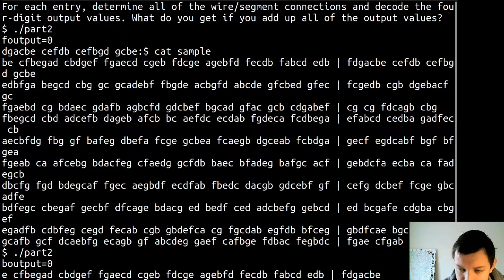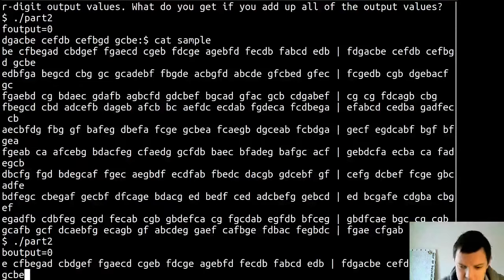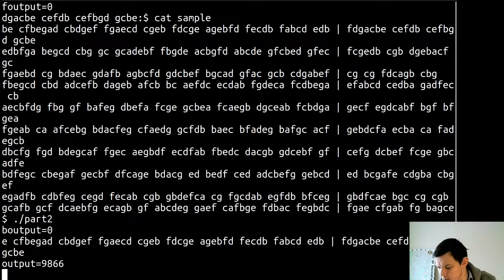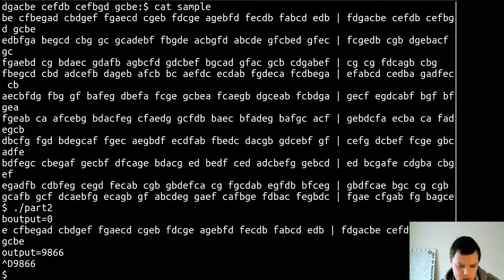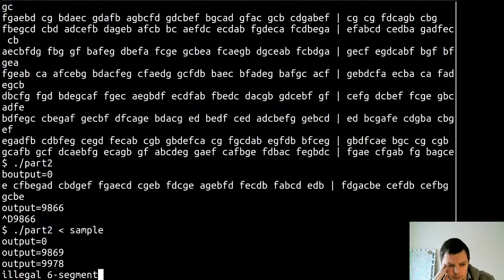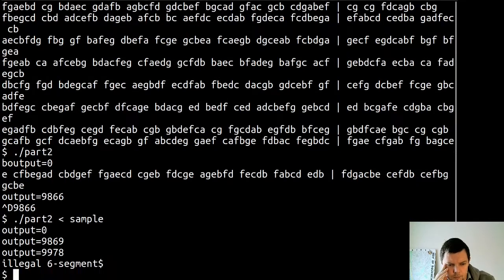It's possible that I made a typo here. I just want to see what it does. So the FDG ACBE should definitely show up as an 8. 9866, that is actually a different number to what it gave last time. No, I must have made a typo. Okay, well, there remains the problem that it thinks the first digit is a 9.